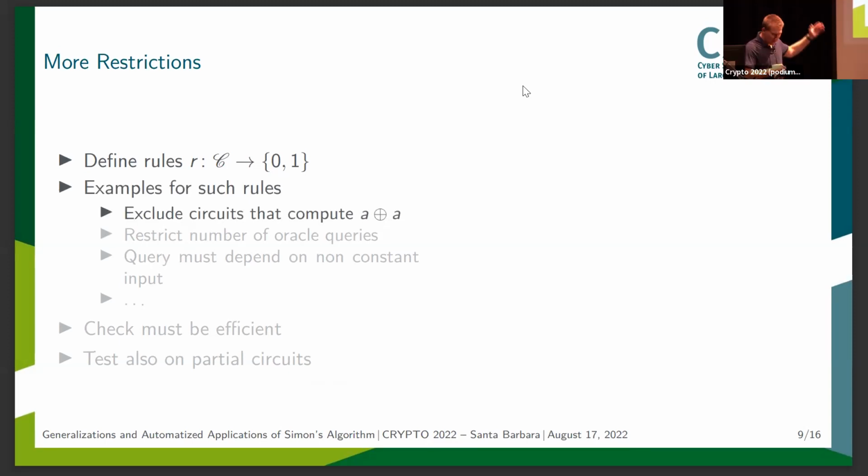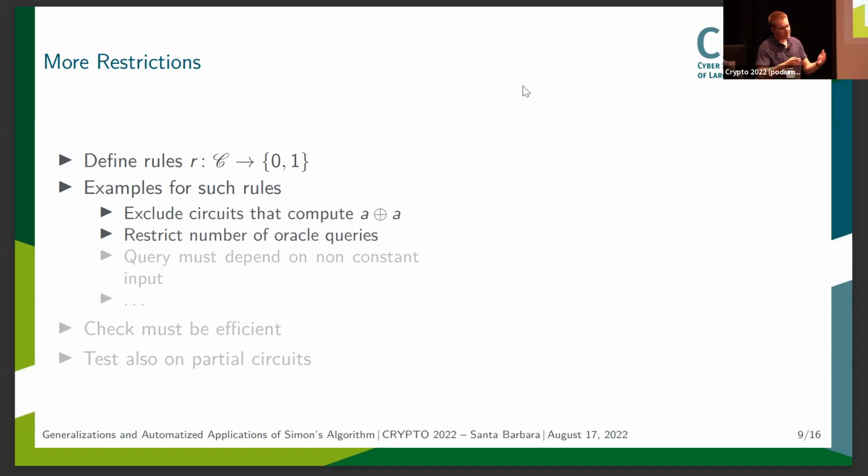These rules are more concrete, so not on abstract circuits, but when we, for example, know that one of the gate functions is XOR, which will always be the case, then again, it makes no sense to consider circuits that compute something like A XOR A, not only for the output, but also in an intermediate step, because when we want to have a constant 0, then we can just add it as a constant to the input nodes.